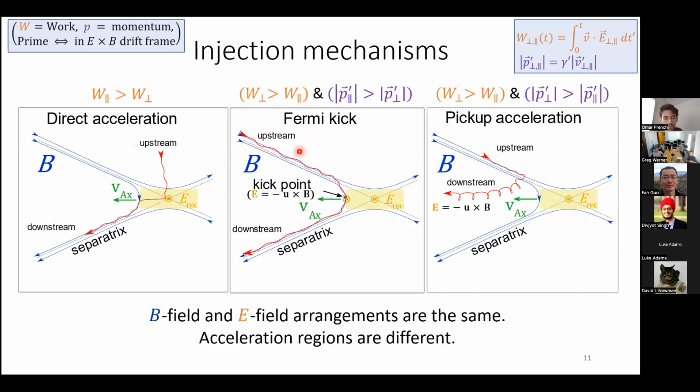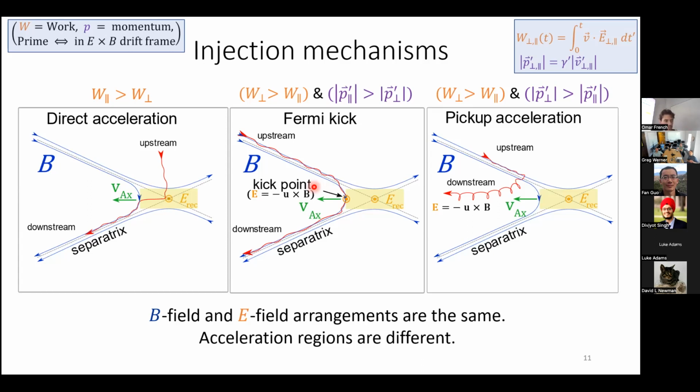Right, so for Fermi kick, despite the fact that a perpendicular electric field accelerates it, so the electric field's out of plane and the magnetic field's in plane, the particle stays attached to a field line, and therefore most of the momentum is gained parallel to B. Whereas for pickup acceleration, of course there are still magnetic fields around, but the particle's magnetic moment loses its invariance, because it very rapidly goes from being in a non-relativistic plasma to a relativistic plasma.